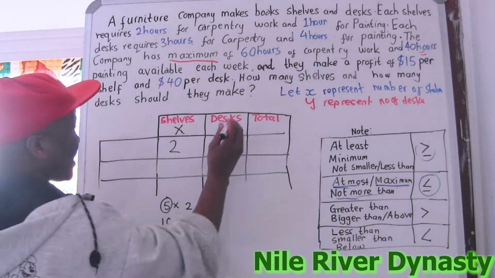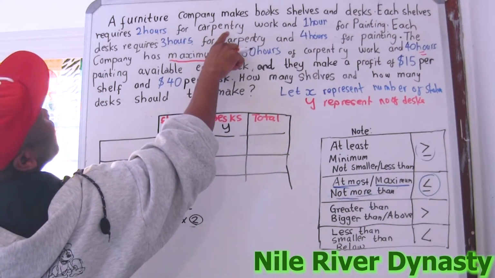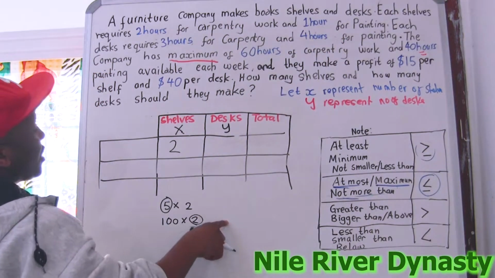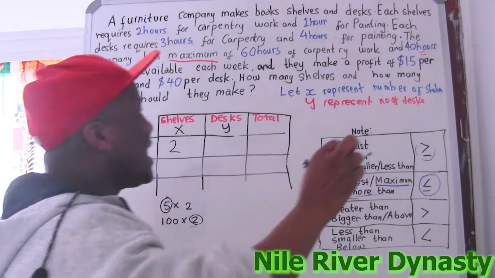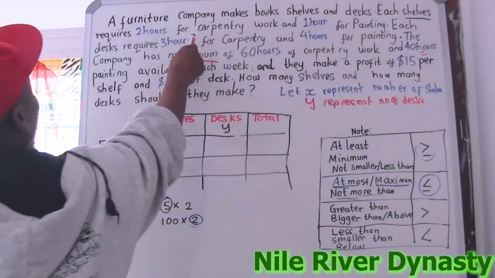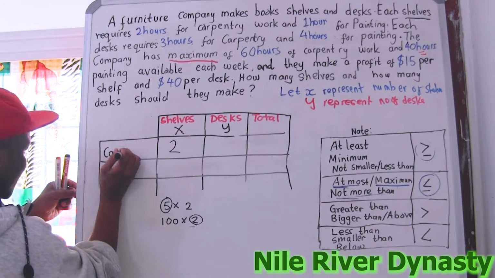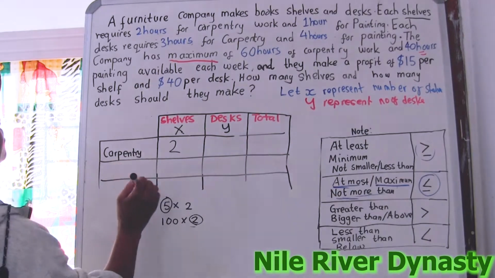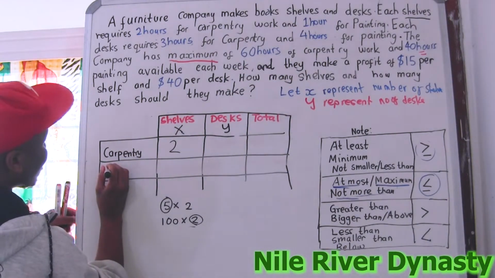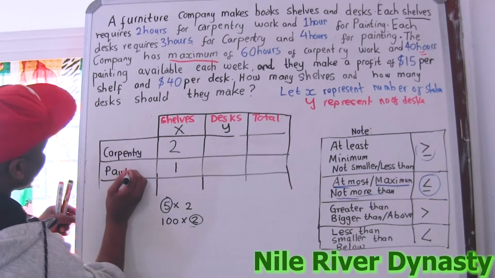Now, they say each shelf requires 2 hours for carpentry, so here must be carpentry, and also requires 1 hour for painting. But it's in the shelf, so the shelf also needs 1 hour for painting.